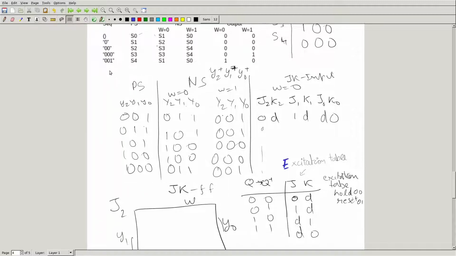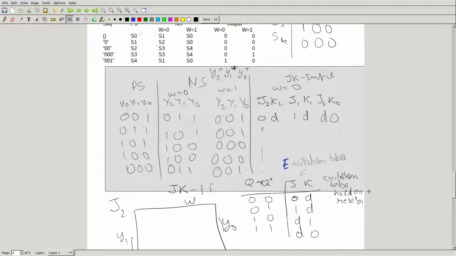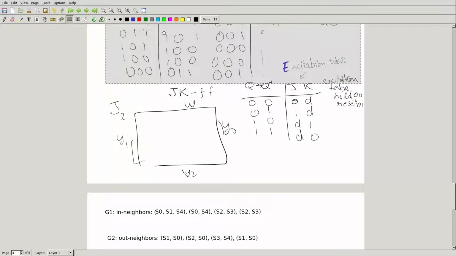So let's do that process here just for completion.